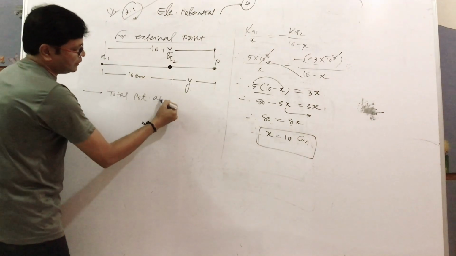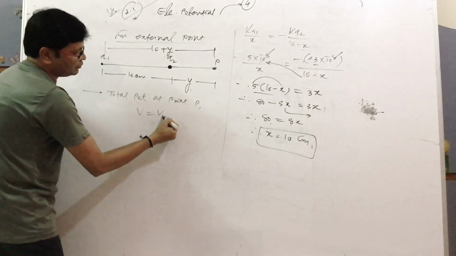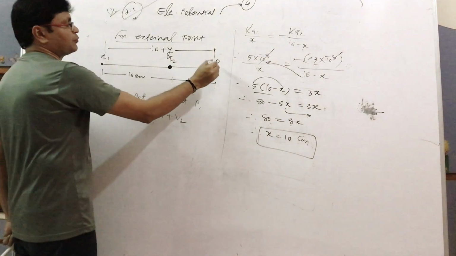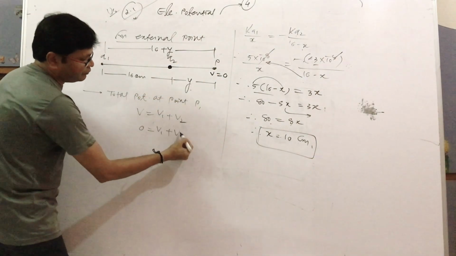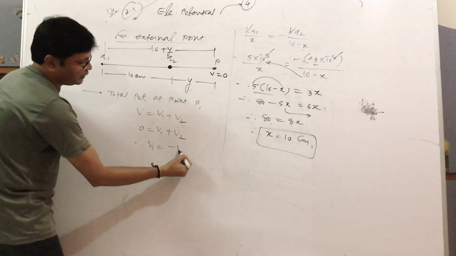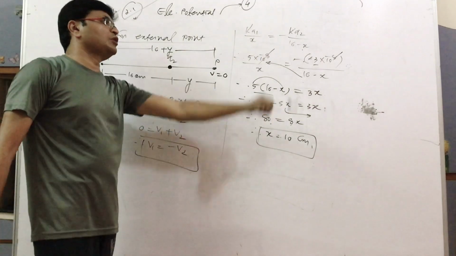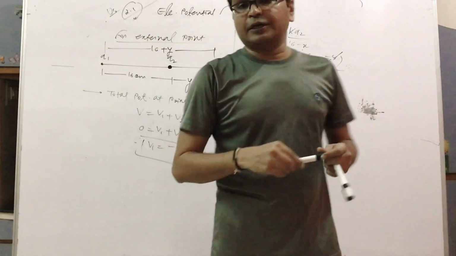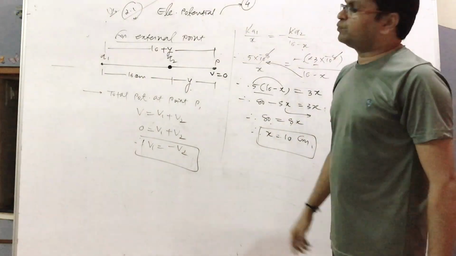Total potential at point P, V is equal to V1 plus V2. But we know that total potential at point P is already 0. So 0 is equal to V1 plus V2. So again V1 is equal to minus V2. Now you have to set up the formula, think about some mathematical simplification and try to obtain the answer. Okay, this is your answer number 2.1.